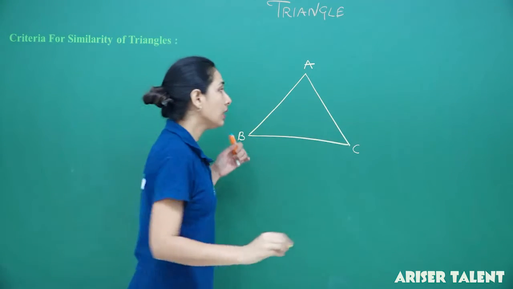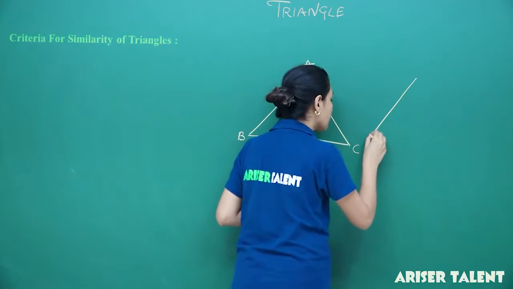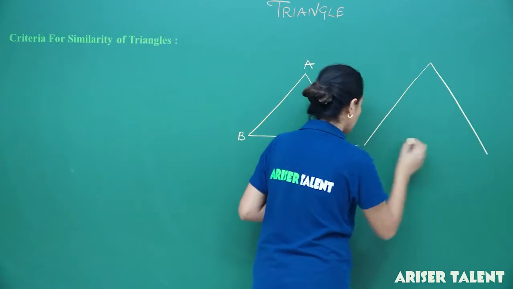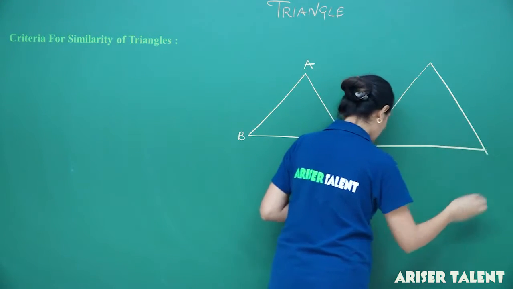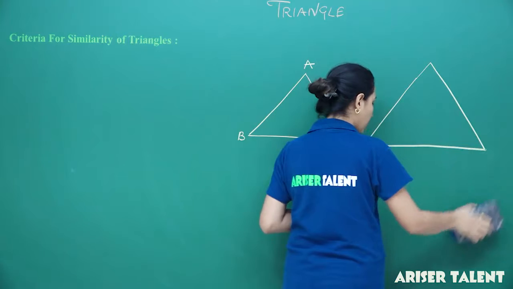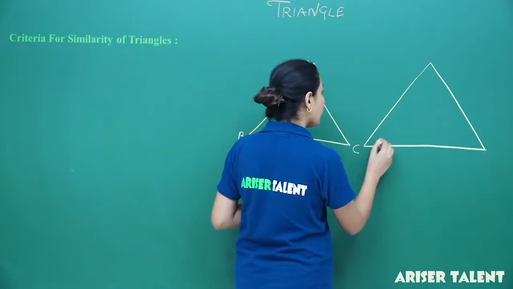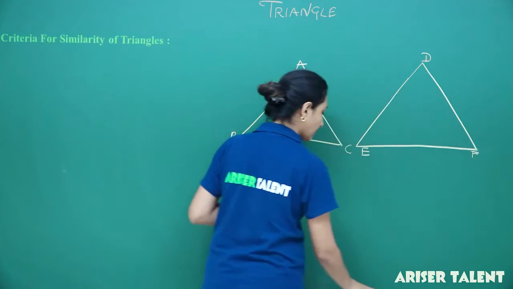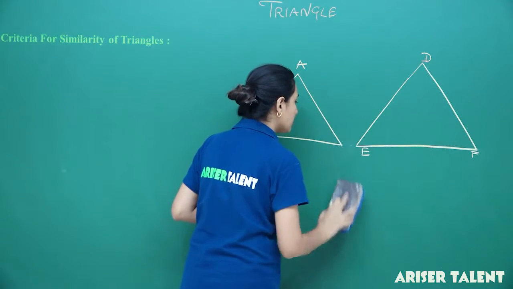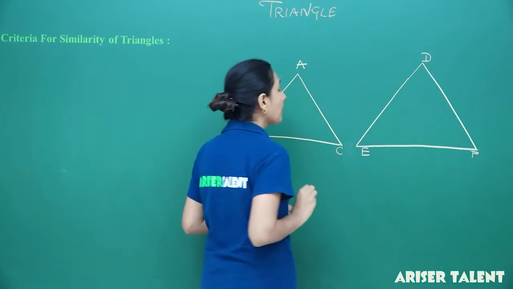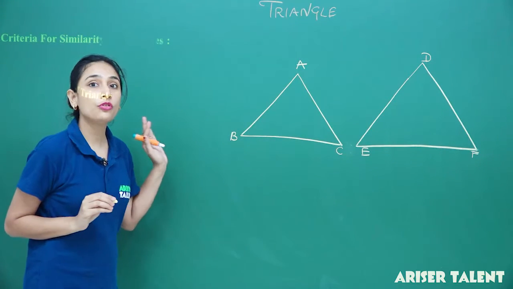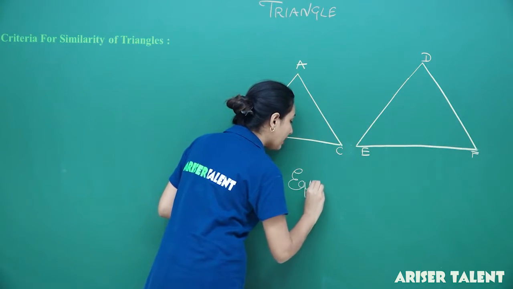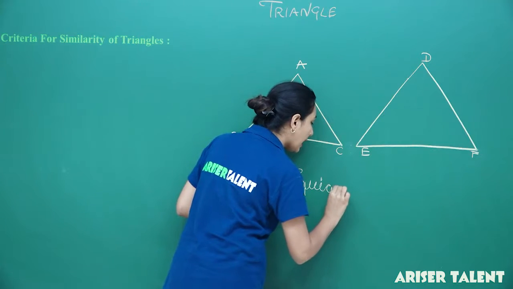Now the next triangle is DEF. Let's have some distance here. Okay, so if, mark my word, these two triangles are equiangular.